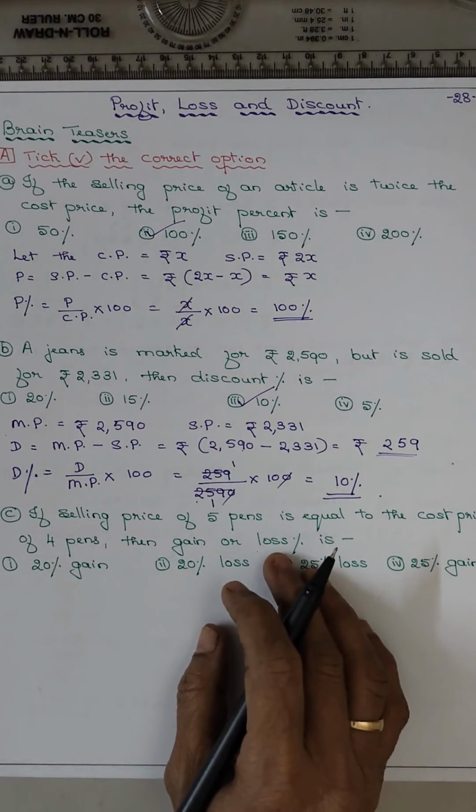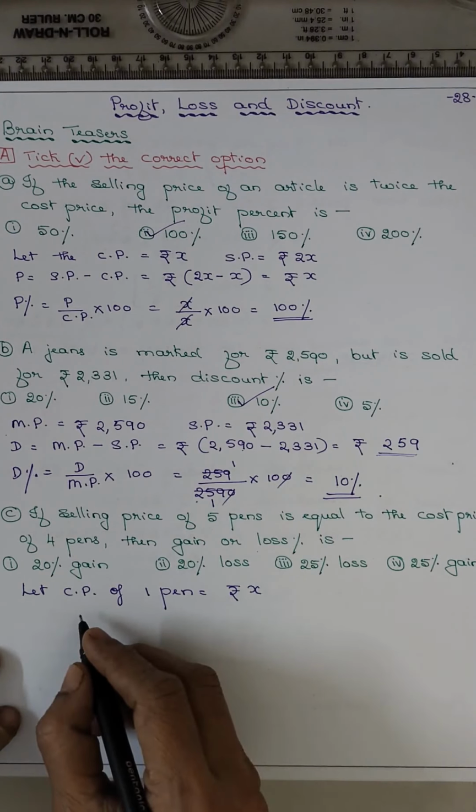It is: if the selling price of 5 pens is equal to the cost price of 4 pens, then find the gain or loss percent. So first let the CP of 1 pen be rupees X. This type of sum we have done in the worksheet, isn't it?